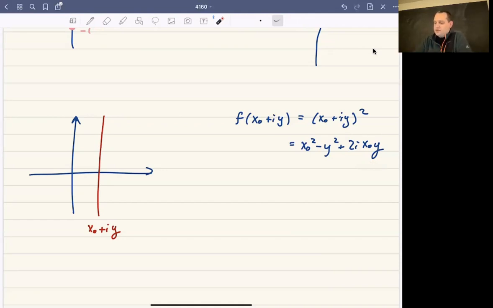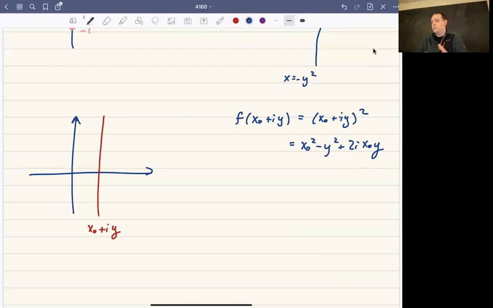So if we think about this, this vertical line is going to get mapped to a parabola, because you have minus y² and y, and that's kind of like if, instead of thinking about y equals f of x, you'd have x equals f of y, where you would have x equals y², something like that.